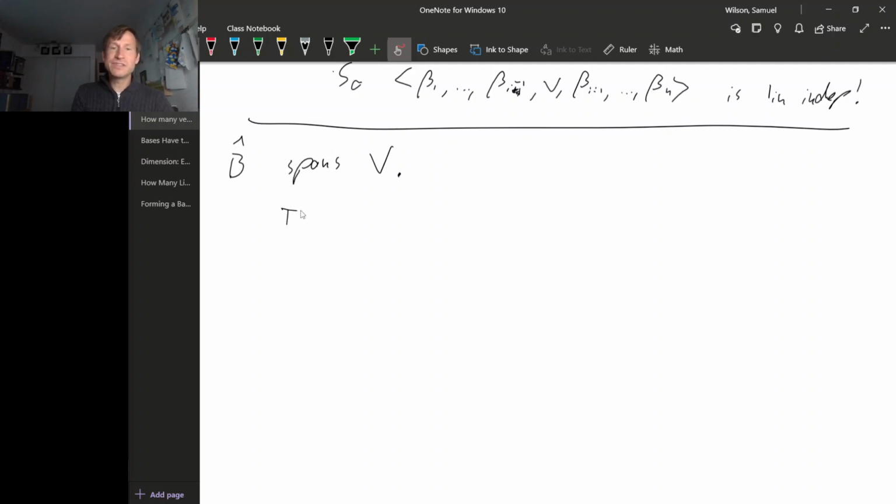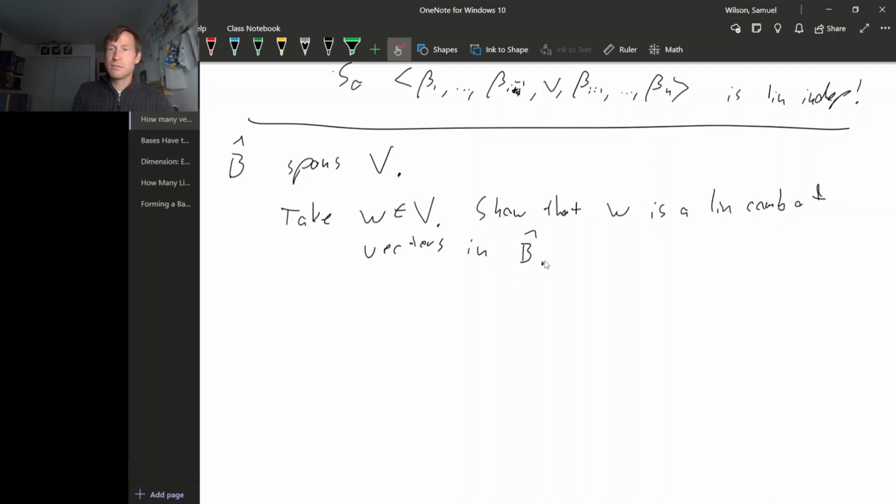Well, what we need to do is take a vector in the vector space V, any vector, and show that w is a linear combination of vectors in b hat.